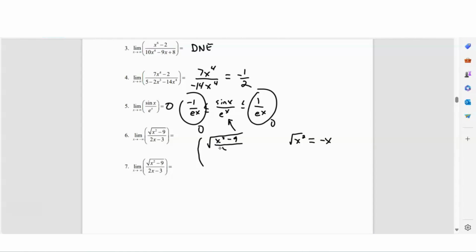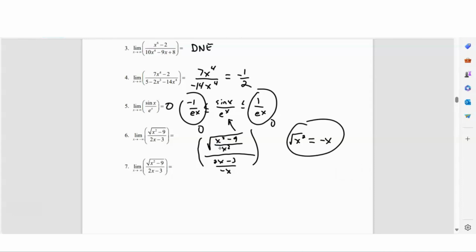So I'm just going to keep that x squared inside the square root here. I'm going to divide the denominator by negative x. So we haven't changed its value because these two are equivalent to each other as x approaches negative infinity.